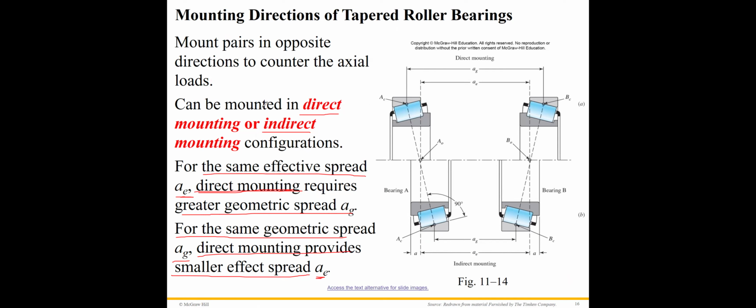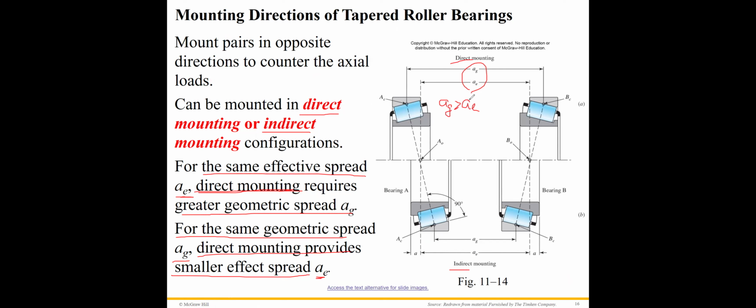There are mainly two types of mounting: direct mounting and indirect mounting. What is direct mounting? That means the AG is greater than AE.